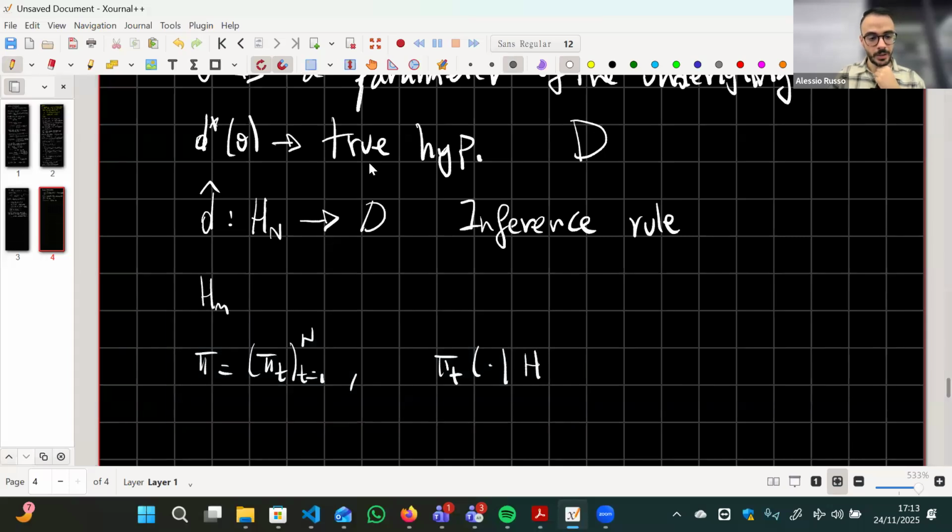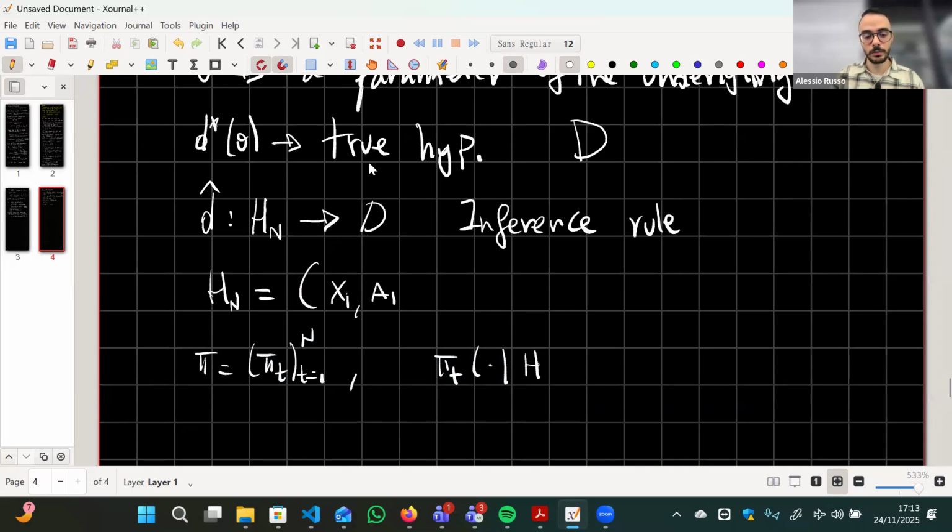So we define capital H_n to be the sequence of observations and actions that we took, starting from 1. So we have first observation, x1. I don't use the notion of state anymore. Now I write observations, so the first one is x1.